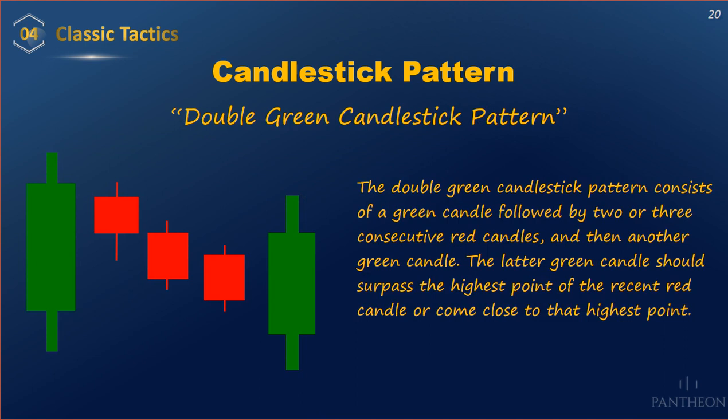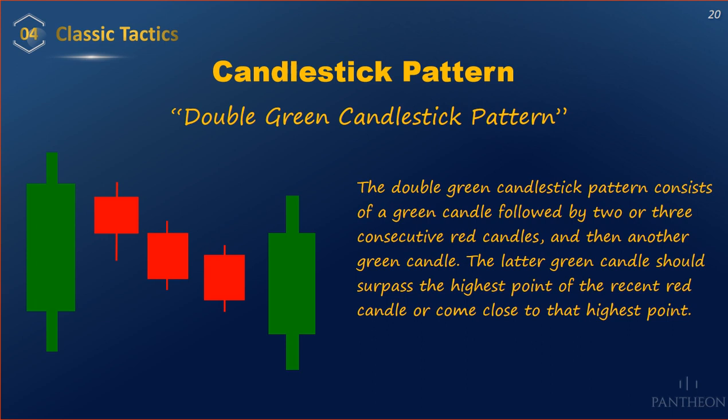which I normally call the double green candlestick pattern. So what is a double green candlestick pattern? This candlestick pattern consists of a bullish candle followed by two or three consecutive bearish candles, something like the picture in the slide, and then another bullish candle.